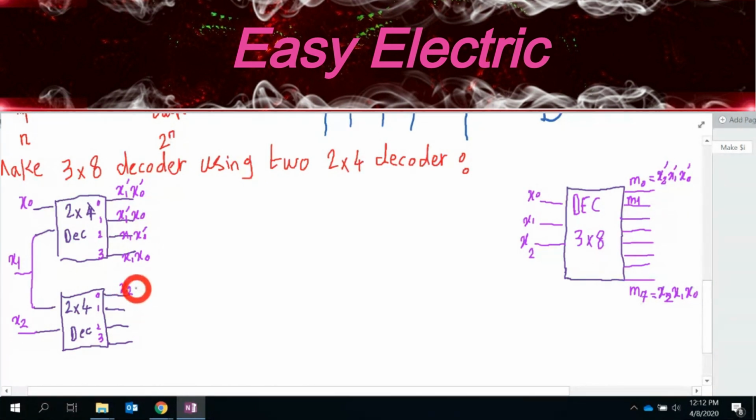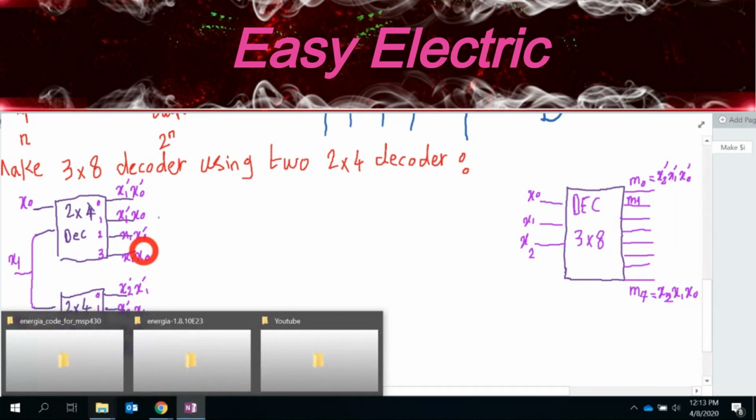Definitely this time you have x2' x1', because the inputs are x1, x2 and both are primed for midterm 0, right? What should be the next? x2' x1. The next should be x2 x1'. And the last one should be x2 x1.